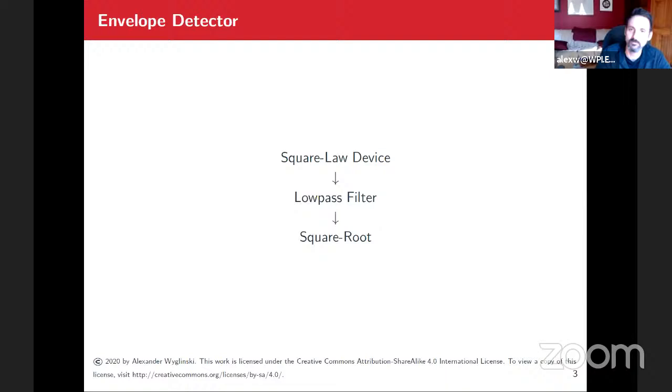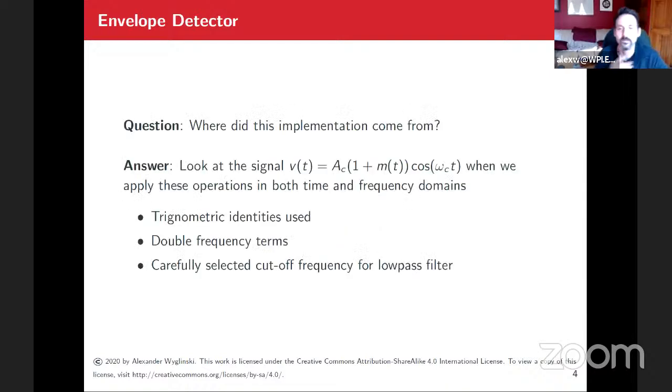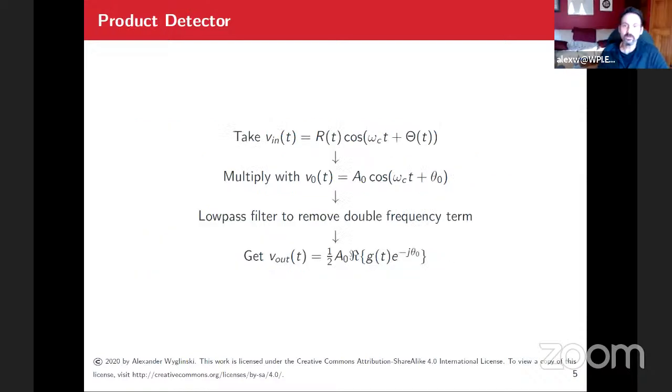Sorry, folks, I'm just messing up terminology today. So this is just a summary of what I just described. Now, product detector is a little bit of a different thing, and this is where we use it for things like phase modulation. We didn't talk about phase modulation, so let's jump into it.